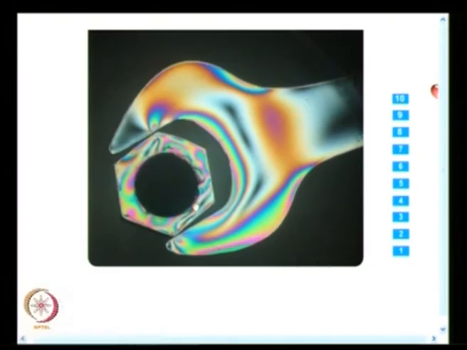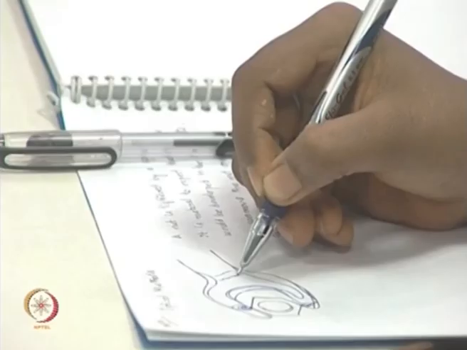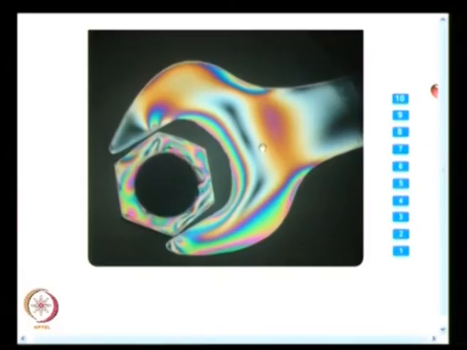And what do you get here? The first information I get is over the entire spanner. So, I get whole field information from an experiment.